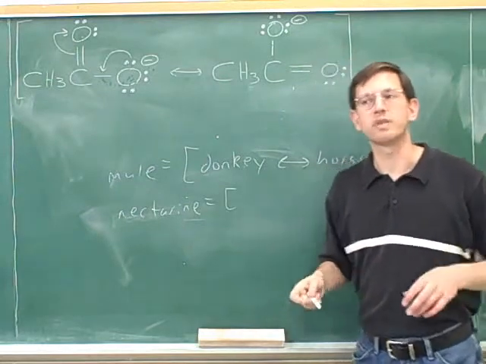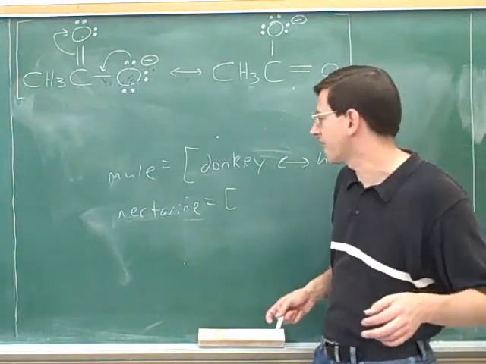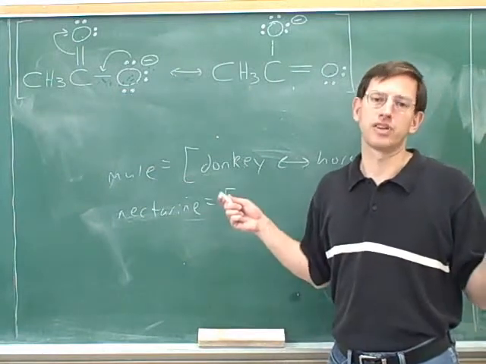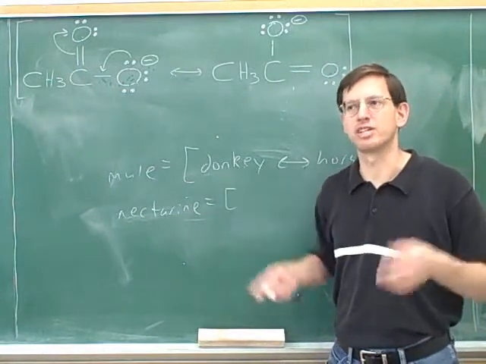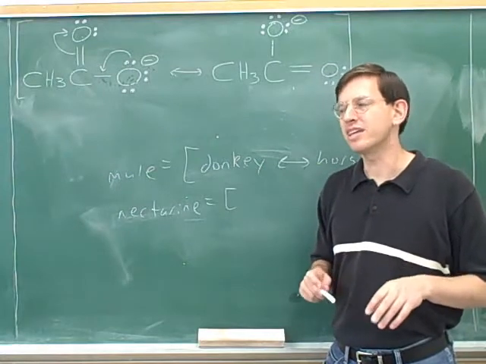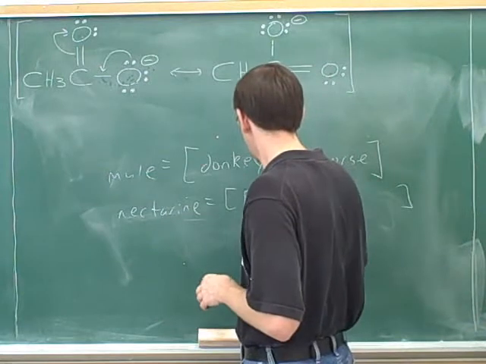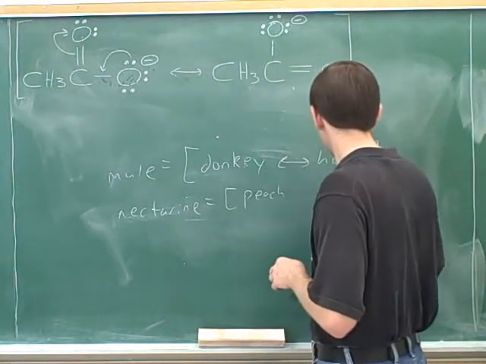Another analogy that might help us to understand resonance is to think of a nectarine. Suppose that you're talking to somebody who's never seen a nectarine before. How could you give them a mental picture of what a nectarine is like? Well, even though they haven't encountered nectarines, let's say they have encountered peaches. And they have encountered plums.